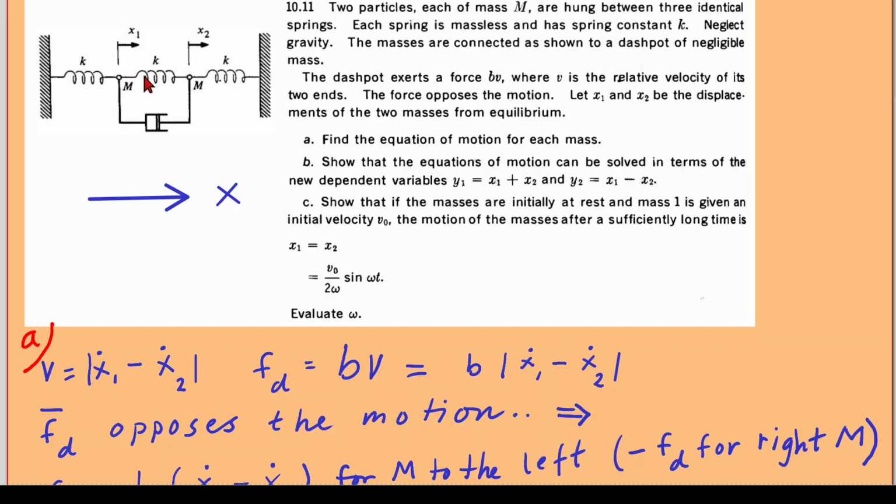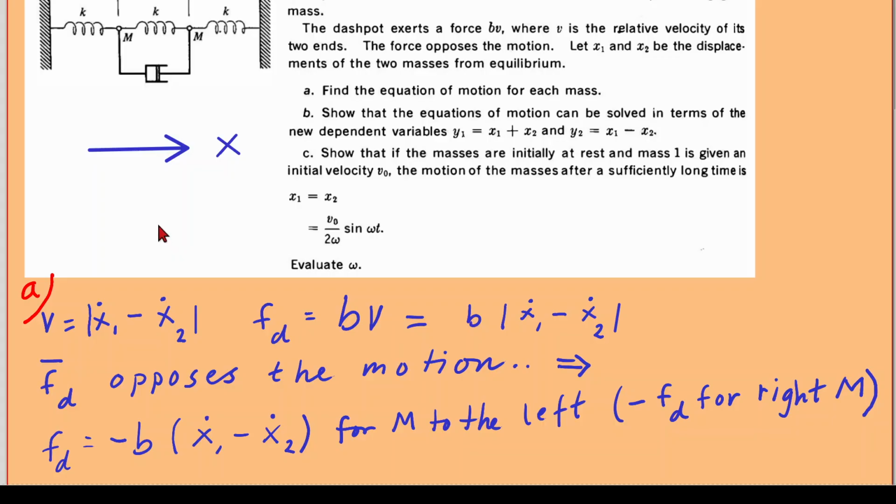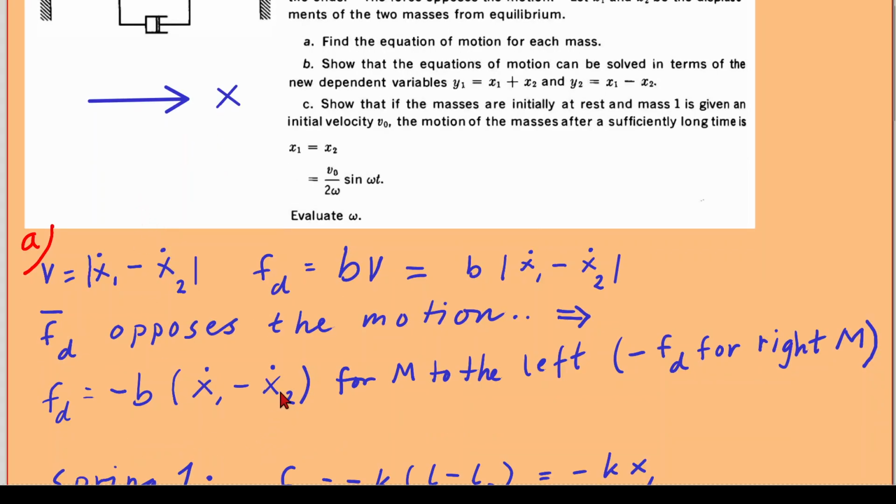Then there must be a force in the other direction, opposing the motion, right? If that is 0 and that is positive, then the force is negative. So the velocity is in the positive direction, but the force is in the negative direction.